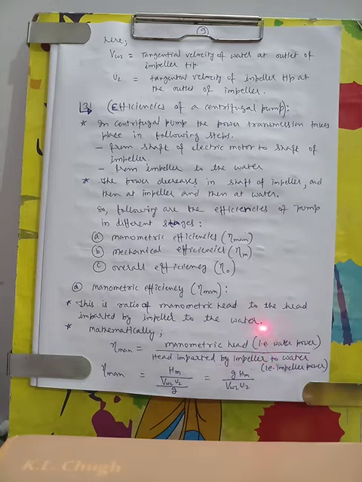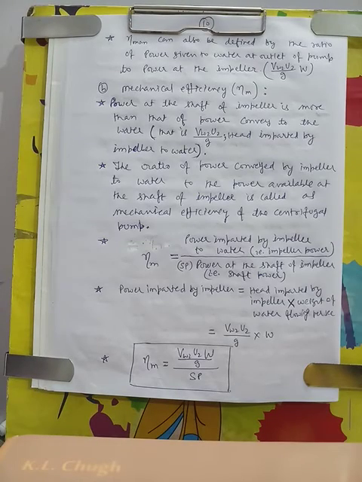So in both it can be written. The meaning is the same and the quantity will be the same. So manometric efficiency can also be defined by the ratio of power given to the water at outlet of the pump to the power at the impeller. So as I told you earlier, we can also write the manometric efficiency like this.